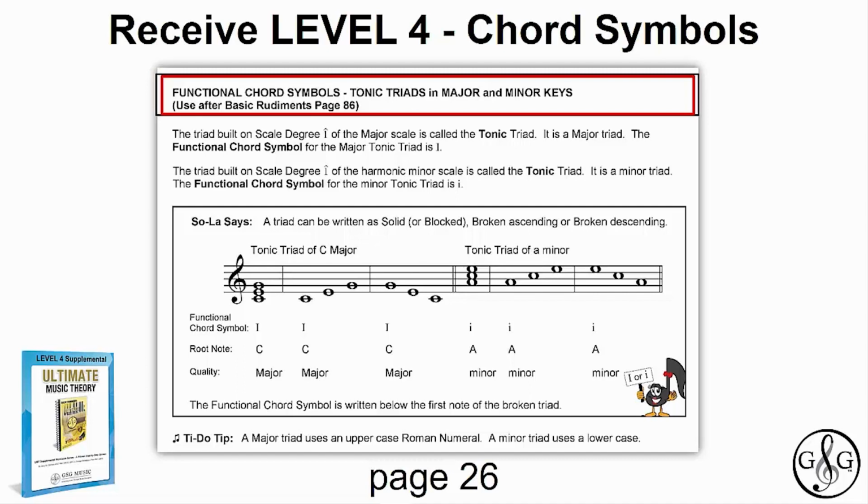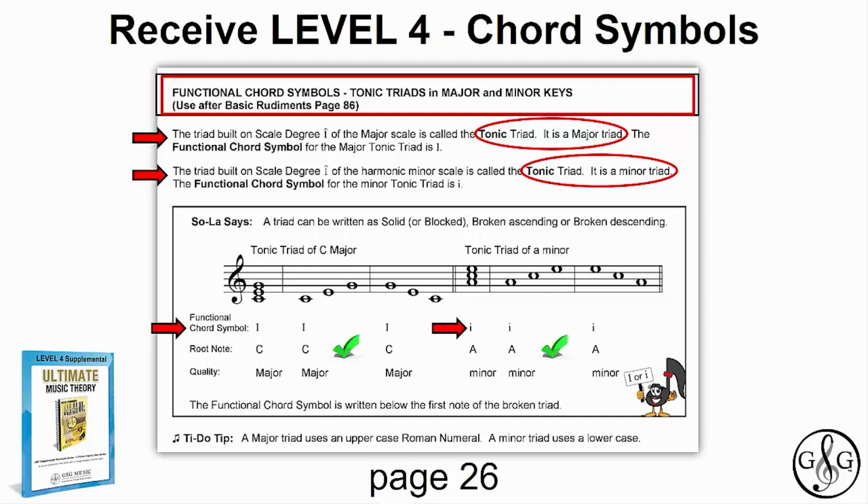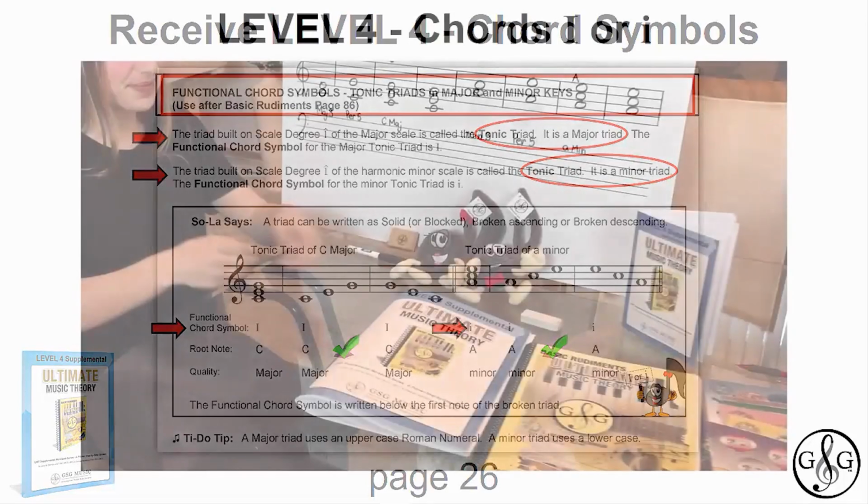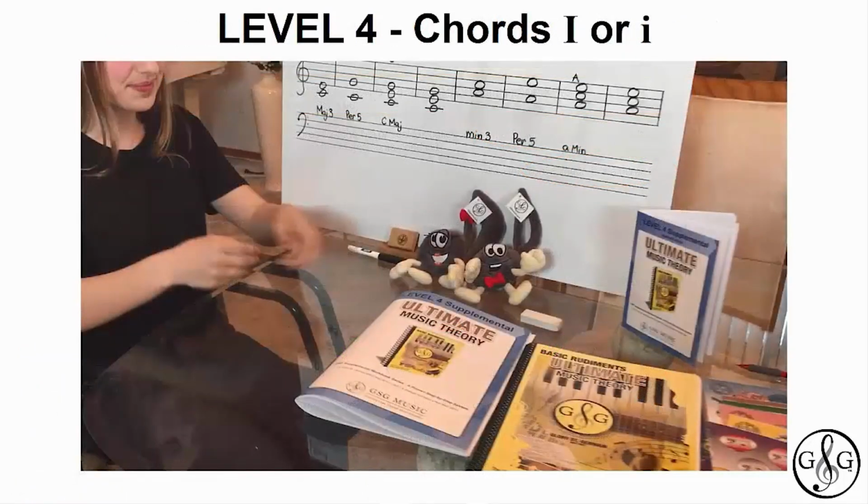Students are learning about the functional chord symbol for solid and broken triads in both the tonic major and tonic minor triads. Listen as Cassidy easily answers the questions as we work through the Level 4 Functional Chord Symbols lesson together.